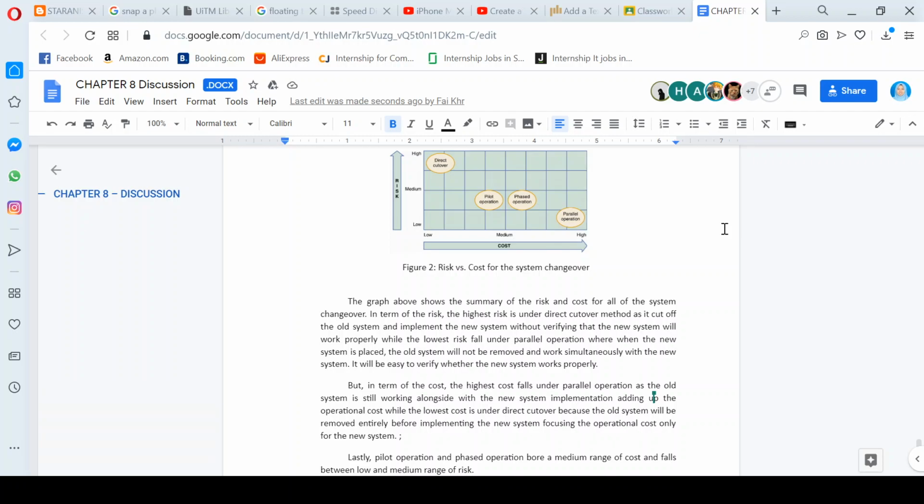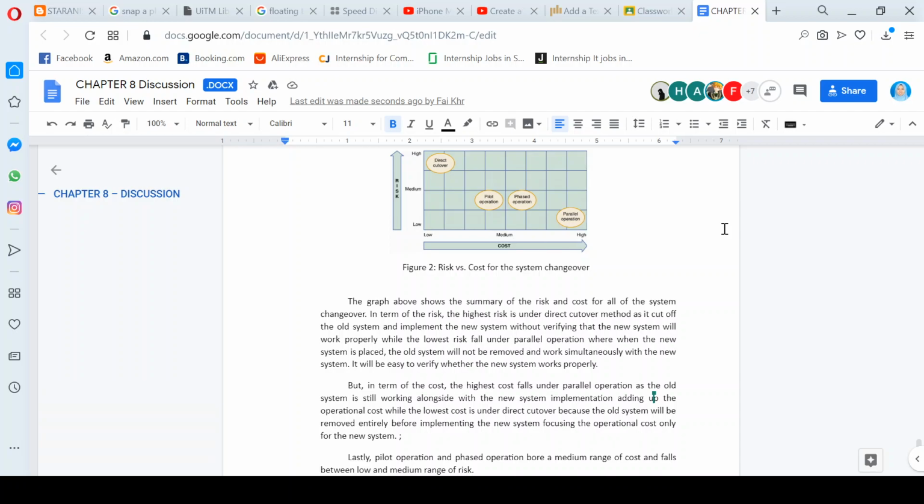For me, which one is the best system changeover? Sebenarnya dia tak ada yang mana yang bagus. Sebenarnya dia depend kepada situation. Kalau kamu rasa jumlah user tu tak ramai, then kita just boleh gunakan direct cut over. But if you think that the system is very critical, kamu takut nak ambil risk, you can proceed for the parallel operation.